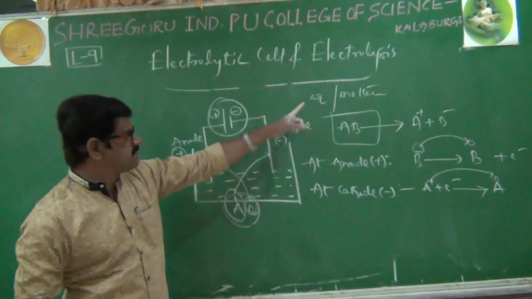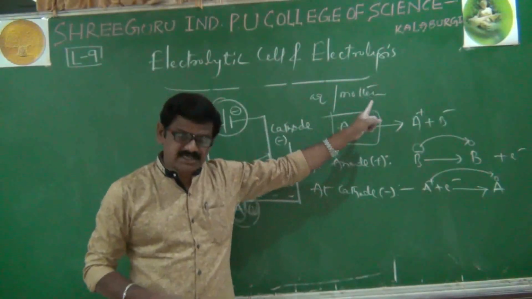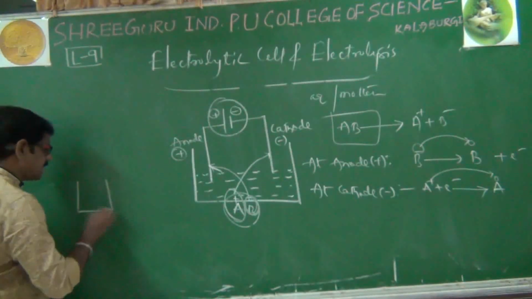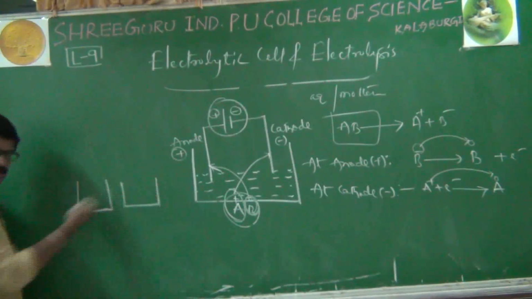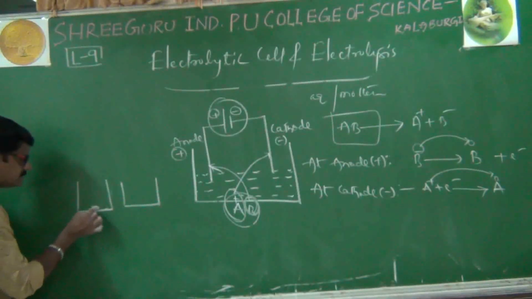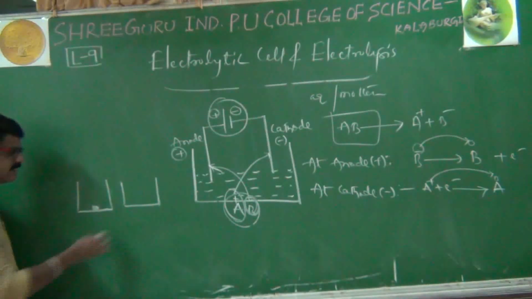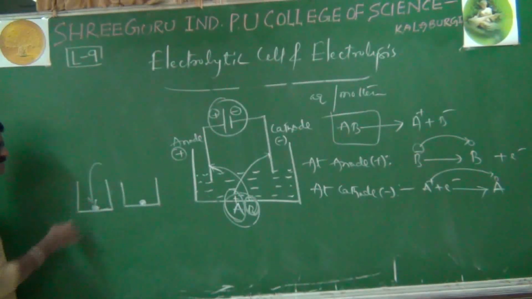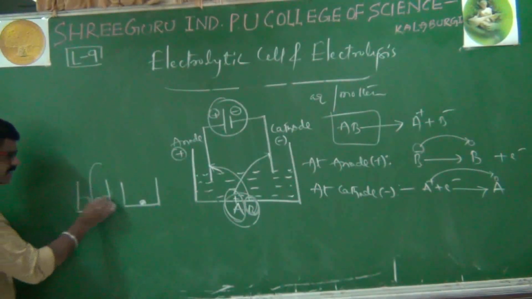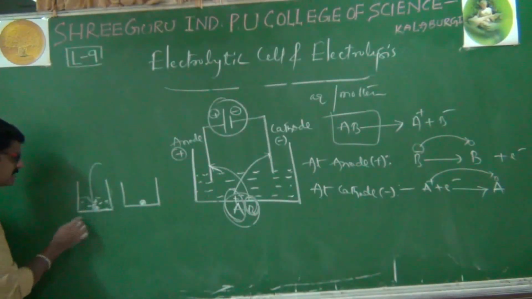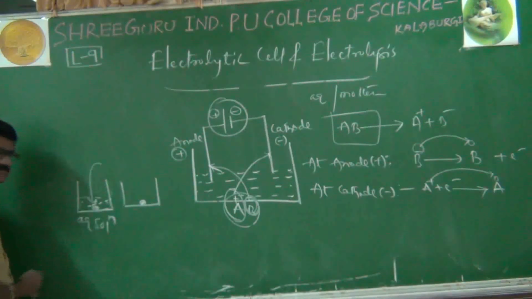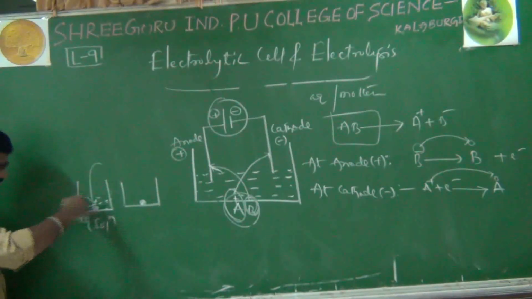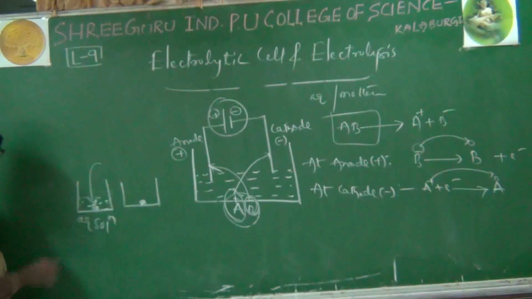Now again a question arises: what is the aqueous state, and what is the molten state? Very simple. Suppose I'm taking two beakers, for example. Here some NaCl salt has been taken, and here also salt has been taken. To this salt, if you add some water and stir, you will get a liquid. That liquid is called its aqueous solution.